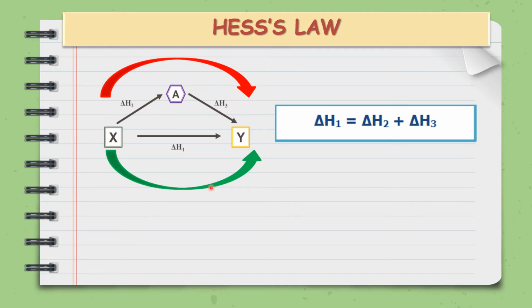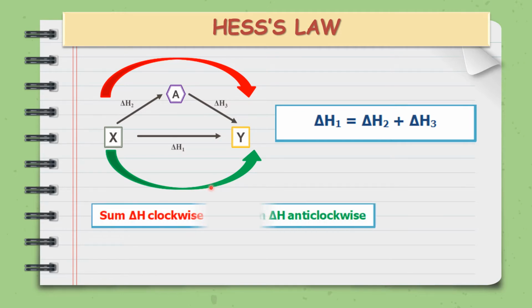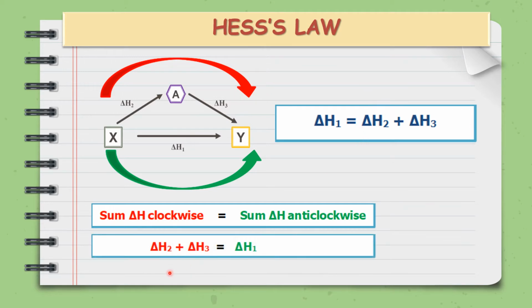Okay, so why is this arrow significant? This is what I came up with when trying to make my students understand how to write down Hess's Law and then to calculate. The sum of the delta H clockwise will equal the sum of delta H anti-clockwise, meaning your equation does not need to be written in only one way. We can also write it as delta H2 plus delta H3 equals delta H1.